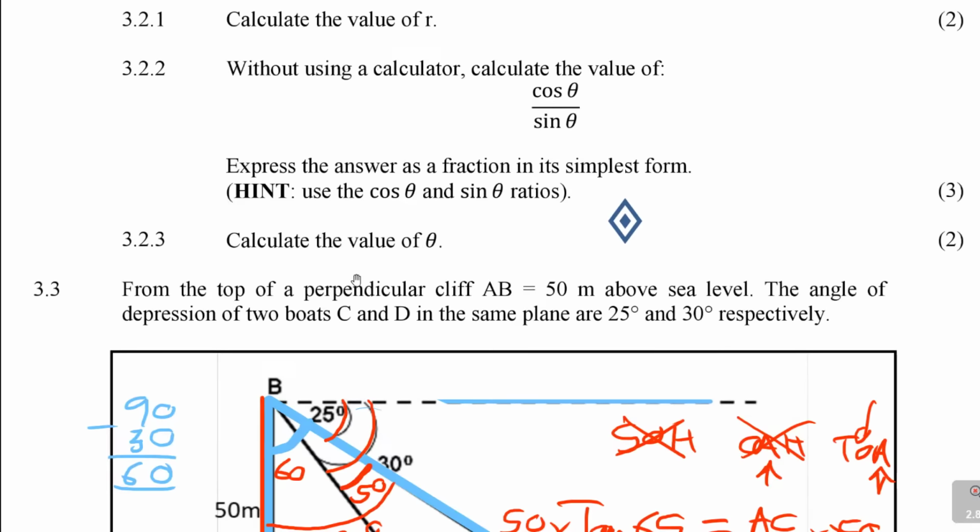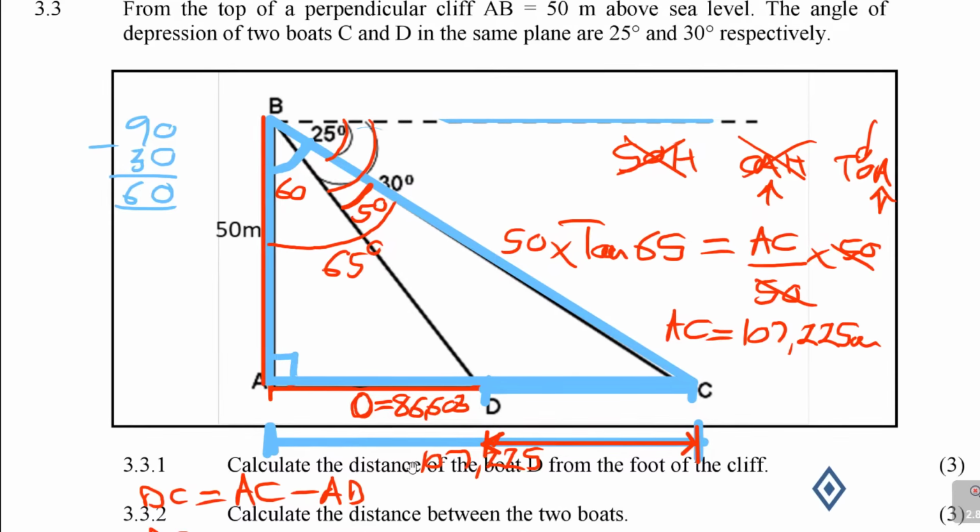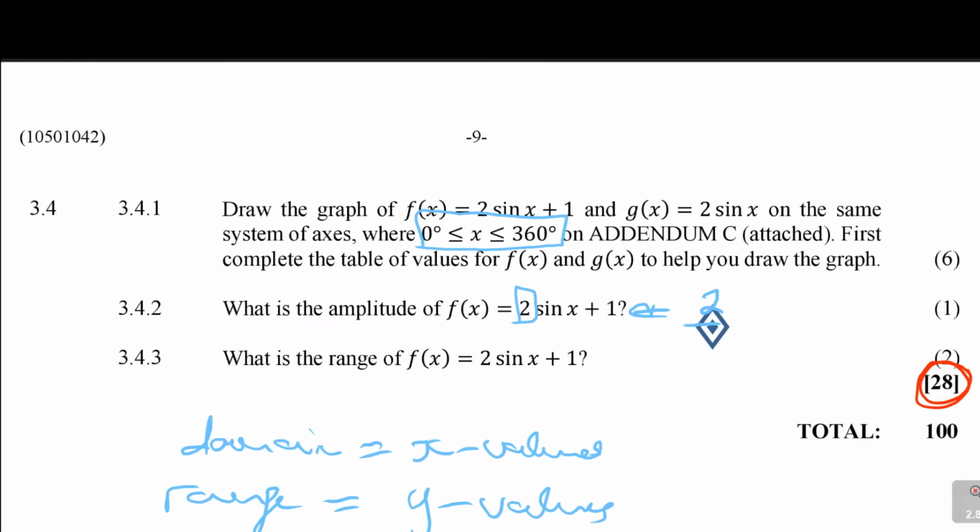After giving you 3.2, if I cut it now, then I'll give you 3.3 as well as 3.4. So look at the 2 videos. They are going to be split into 2, 3.1 to 3.2 as one video, 3.3 and 3.4.